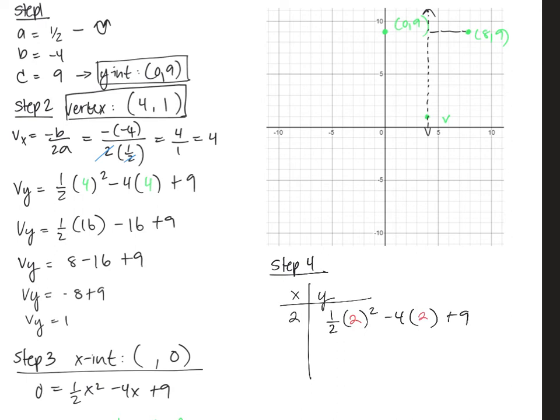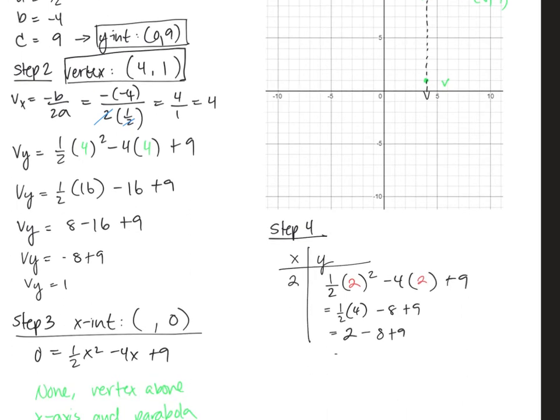Let's simplify this. Half times 4 minus 8 plus 9. So that's going to equal 2 minus 8 plus 9, which is negative 6 plus 9, positive 3. Alright, so we have the point 2, 3.